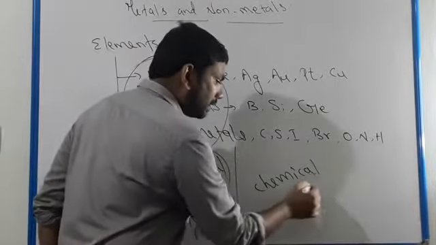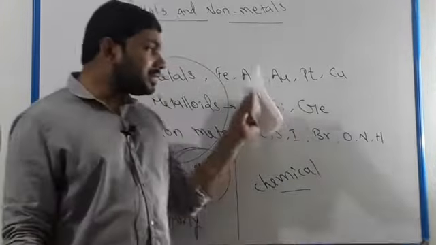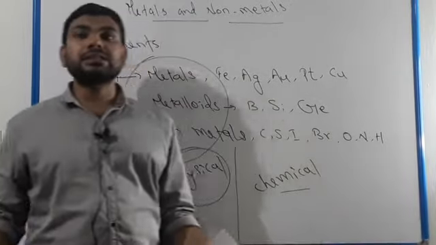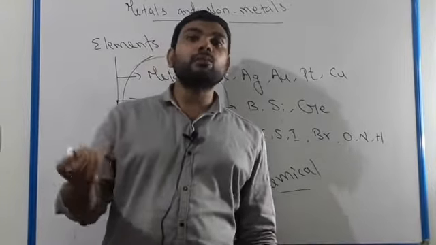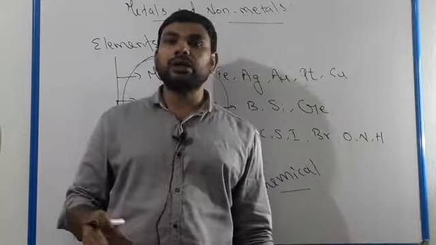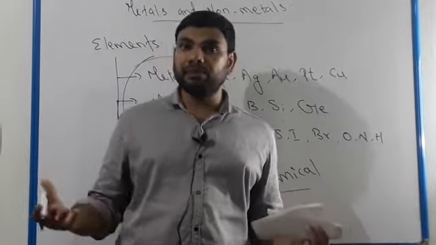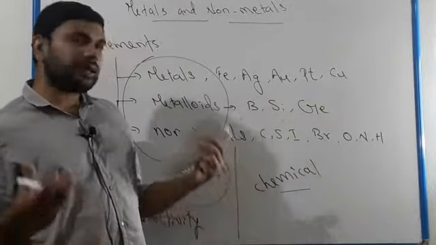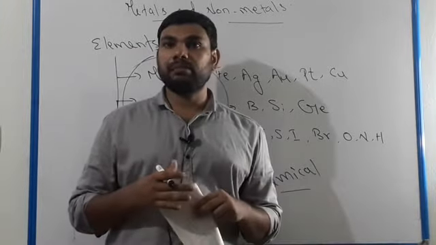Another one is chemical properties. Chemical properties mean how these elements react with water. Some elements react with water. For example, when you put sodium or potassium in water, it will react vigorously and produce flame and heat.